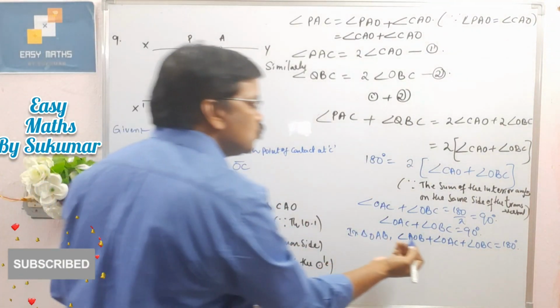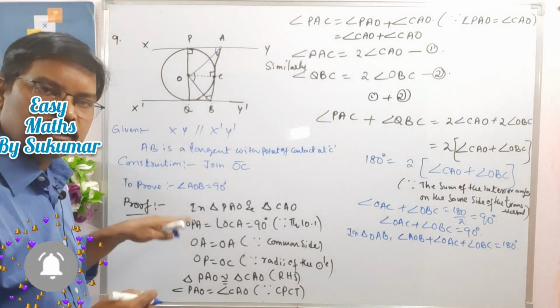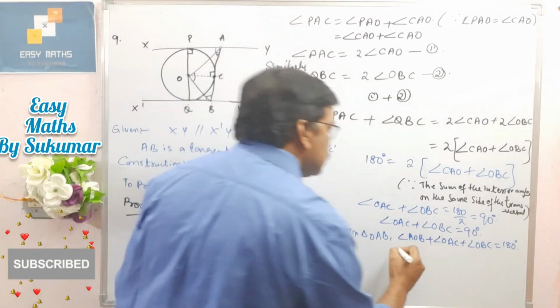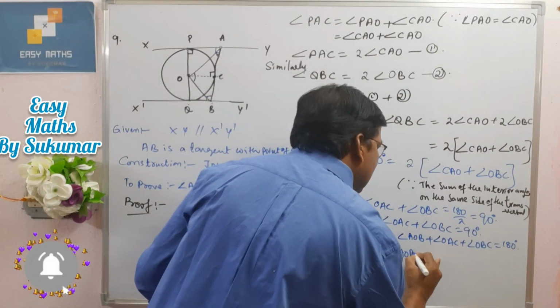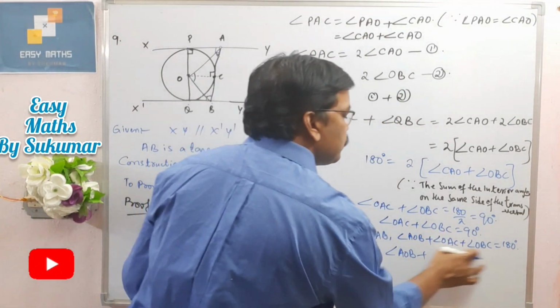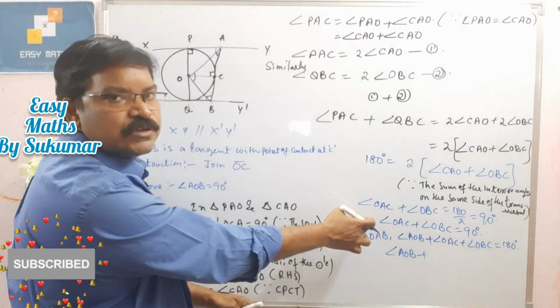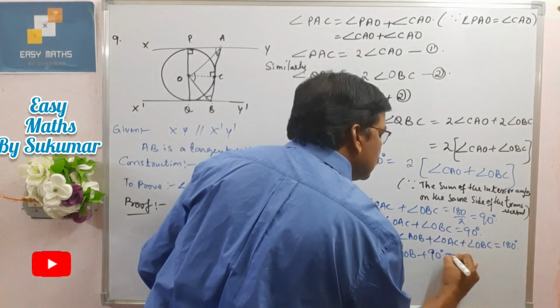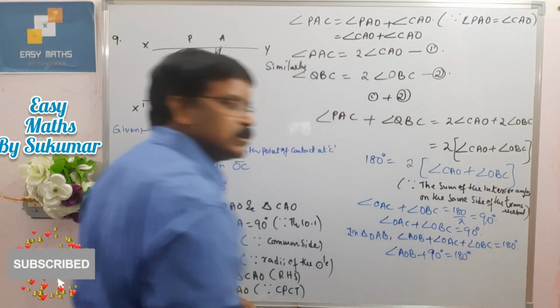So, my dear students, we don't know what is the angle AOB, but we have to prove that angle AOB is equal to 90 degrees. That means angle AOB plus angle OAC plus angle OBC is equal to 180 degrees. From the above equation, angle OAC plus angle OBC is 90 degrees.